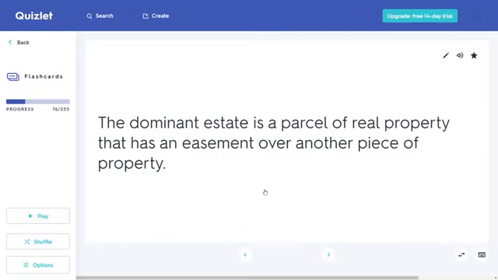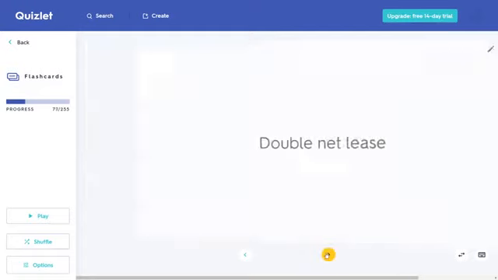You are the dominant estate because you have an easement over the other estate. We'll explain the other term, the non-dominant estate, a little bit later, but just remember that for this one.